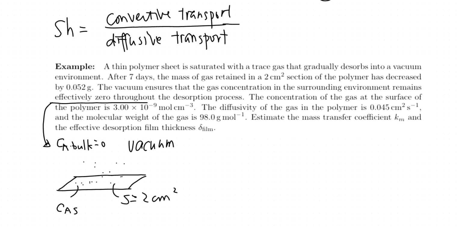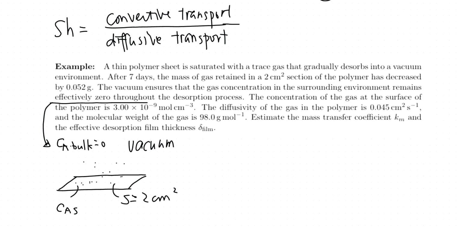So let's see how we can connect everything together. You have been given the mass decrease, which is 0.052 gram over 7 days. So it tells you the mass transfer rate, m_A dot. It also gives you the surface area, molecular weight, and the concentration, and asks you to find k_m. So now you can think in your mind, what type of physical process relates those properties together?